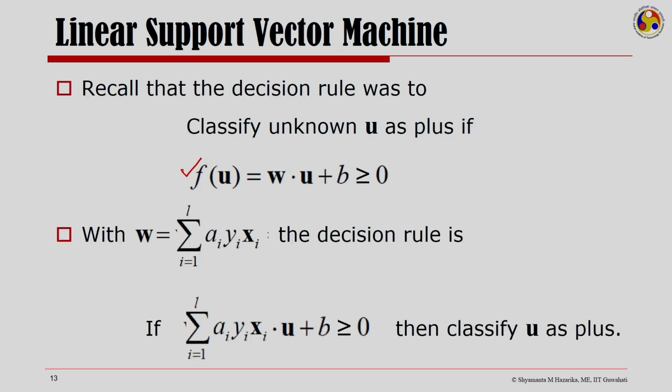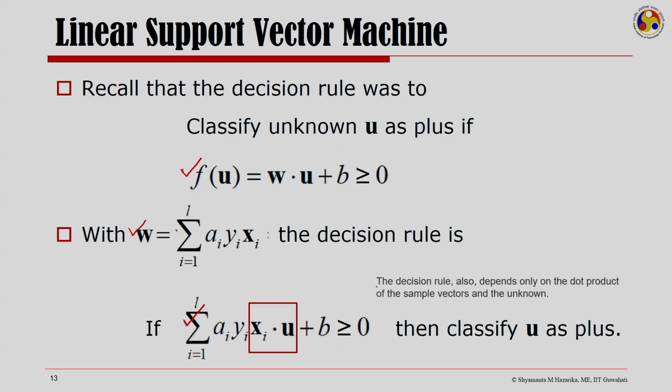So, with w equal to the summation of the samples, now the decision rule is here. So, we see that the decision rule to classify any unknown u as plus again depends only on the dot product. So, the decision rule also depends on the dot product of the sample vector and the unknown.